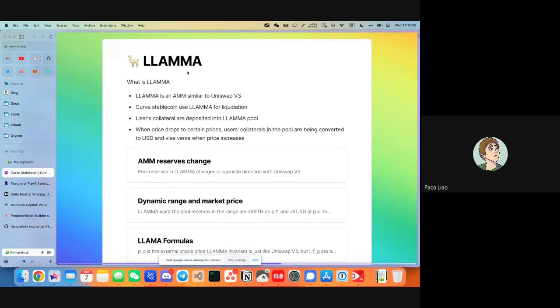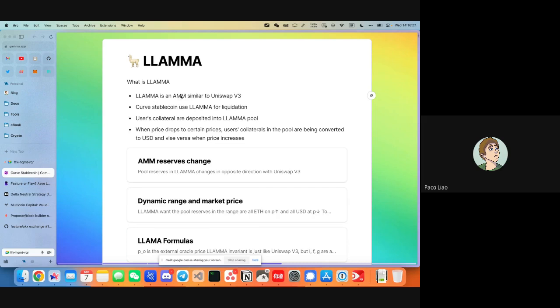So let's introduce Llama, because this is the most important part of the Curve stablecoin. What is Llama? Llama is an AMM similar to Uniswap v3, so it also has concentrated liquidity, but the difference is that users cannot arbitrarily select a range to add liquidity.